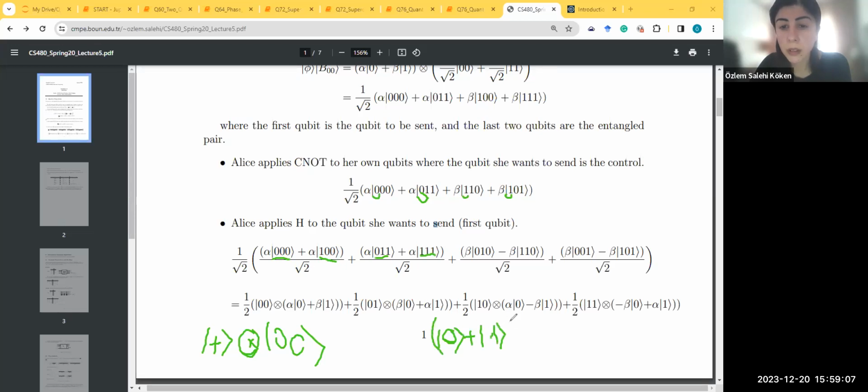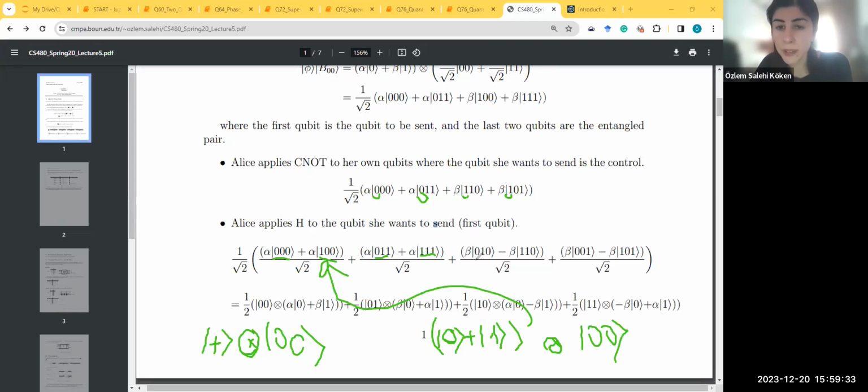And now we are tensoring this with 0, 0. So it becomes 0, 0, 0 plus 1, 0, 0. Same goes here. This becomes 0, 1, 1 plus 1, 1, 1. And since this is 1, this becomes 0 minus 1. Be careful.